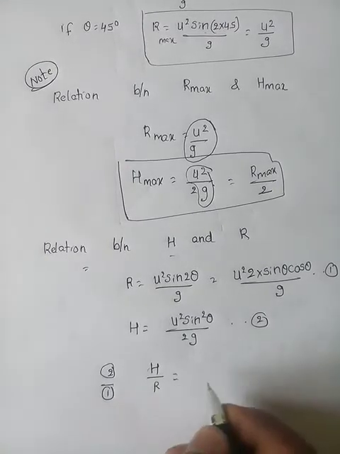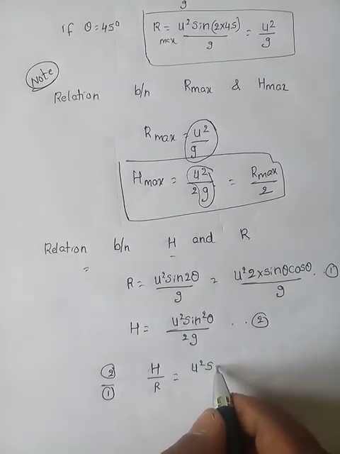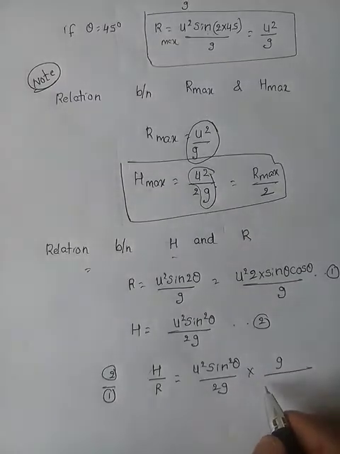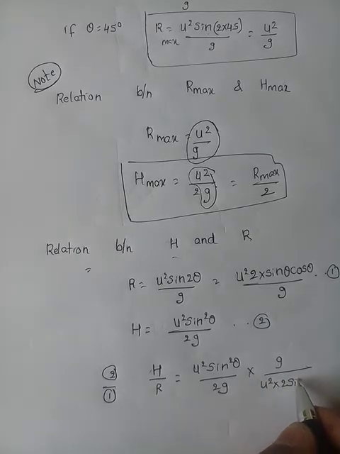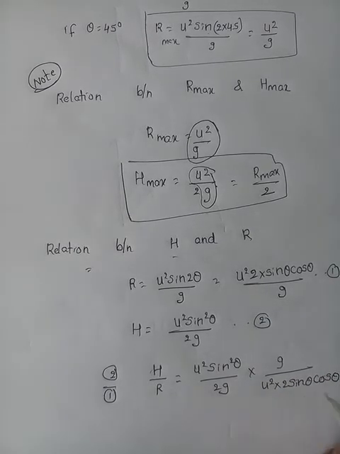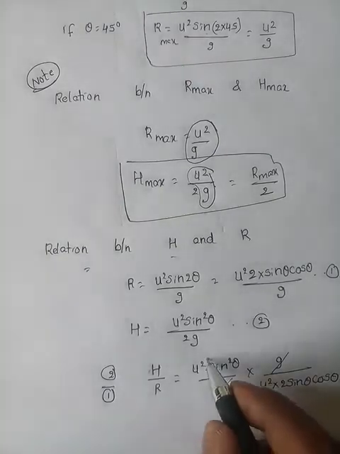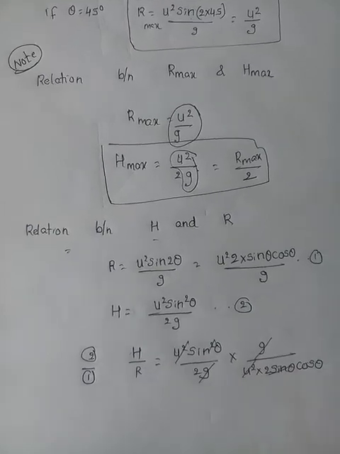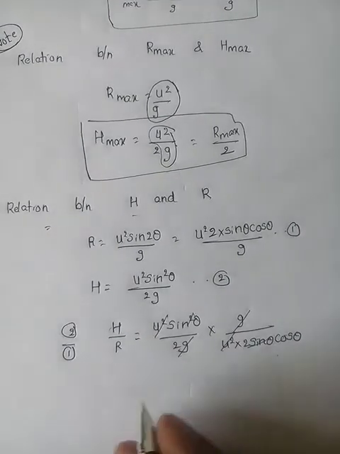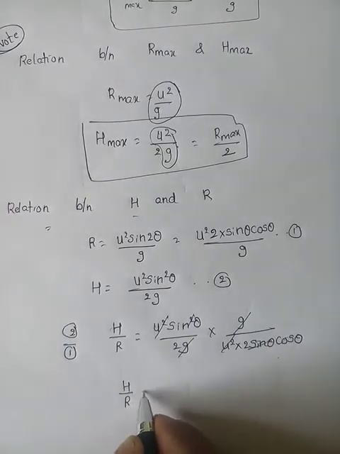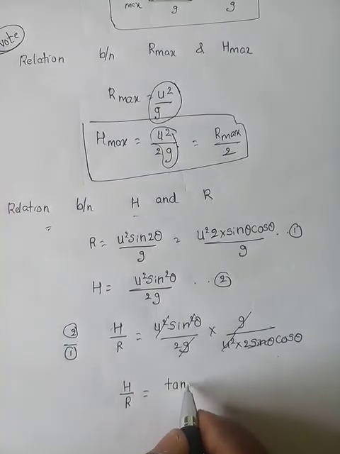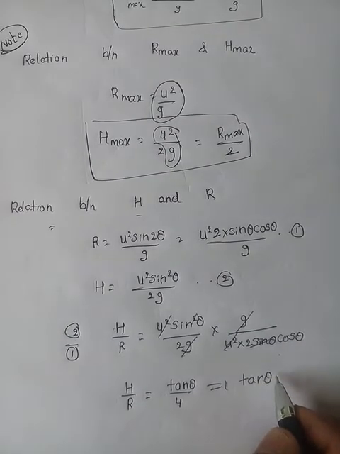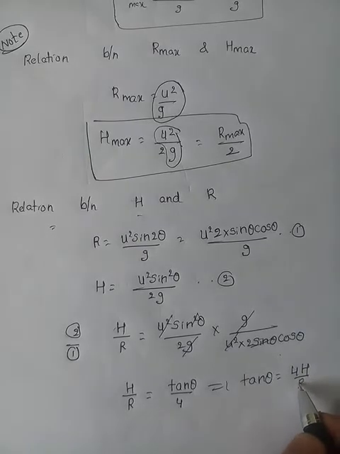H by R is equal to u square sin square theta by 2g times the reciprocal, g by u square into 2 sin theta cos theta. g cancels, u square cancels, one sin theta cancels. What remains is sin theta by 4 cos theta. So H by R is equal to tan theta by 4. That implies tan theta is equal to 4H by R.